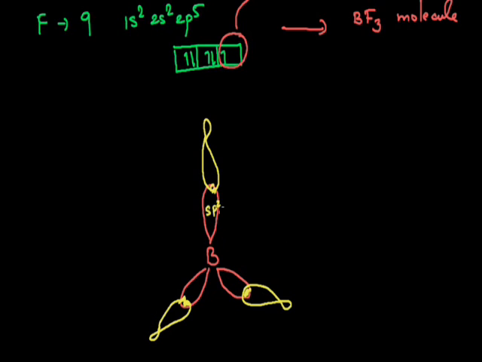Boron has all three sp2 hybridized orbitals, and in the case of fluorine it is the 2p orbital, forming 3 sigma bonds.